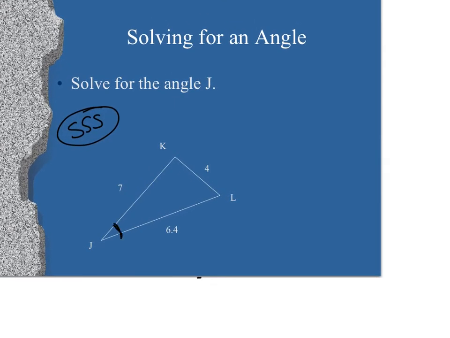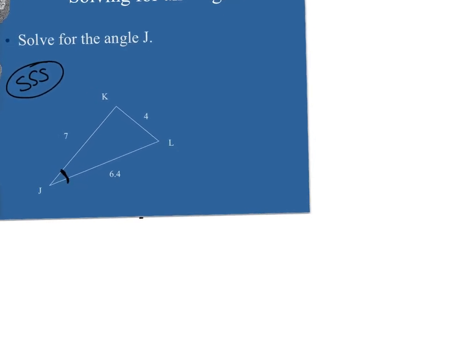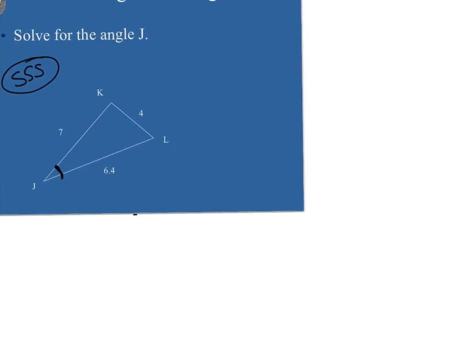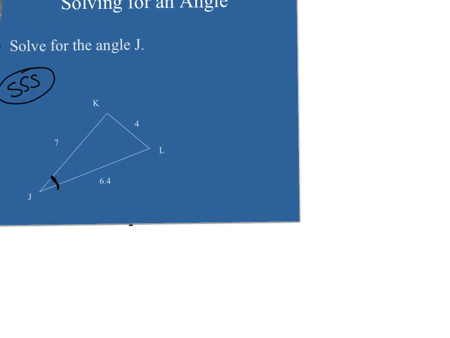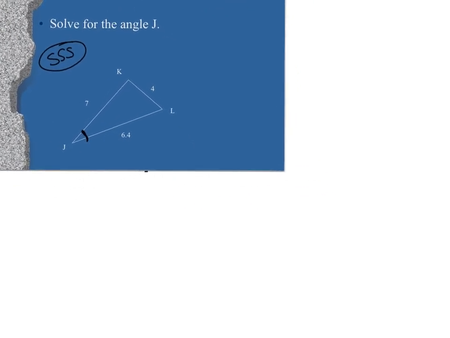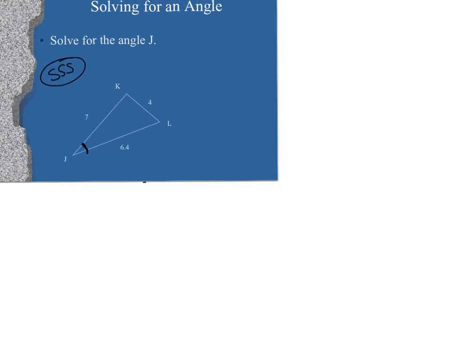So the setup is going to be the same. Let me write down what we have. So we'd have J squared. I'm actually going to shrink this and get into the bottom here.